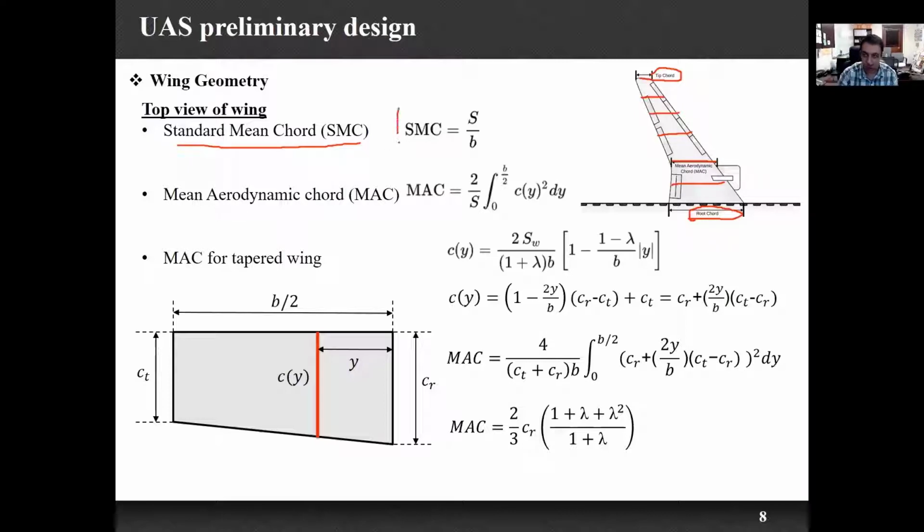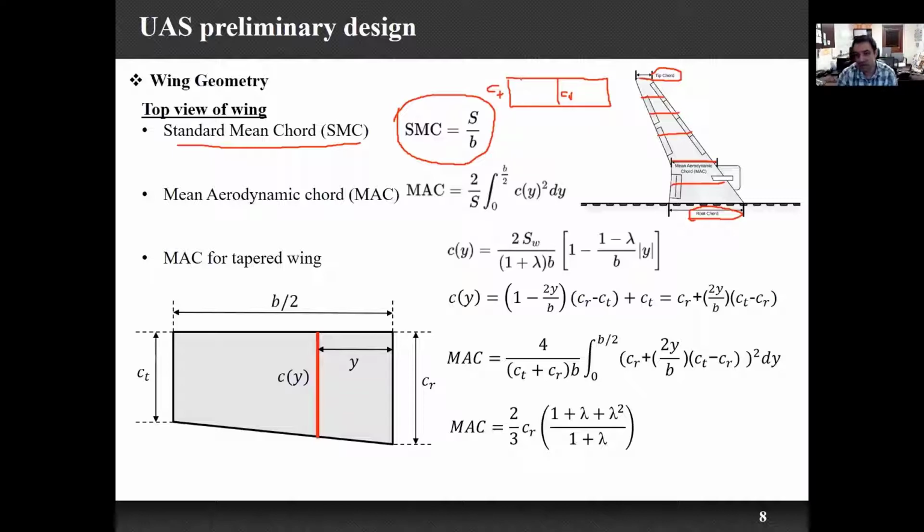So the standard mean chord is surface area divided by wingspan. It gives us the average chord. For example, if we have a simple rectangular wing shape, the root chord is equal to our tip chord, and lambda is equal to 1.